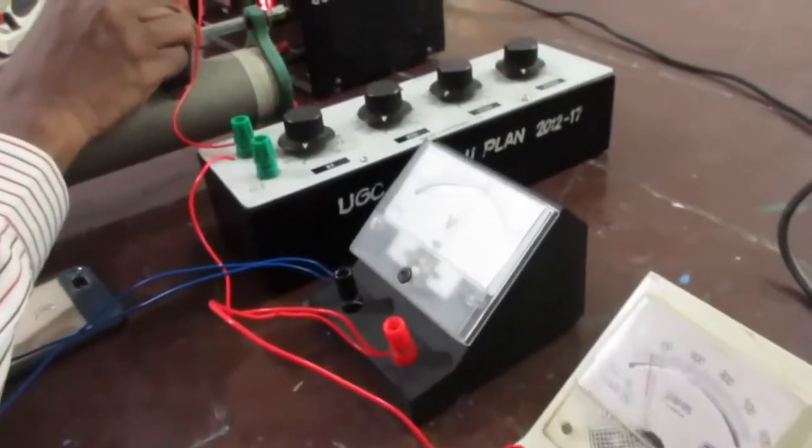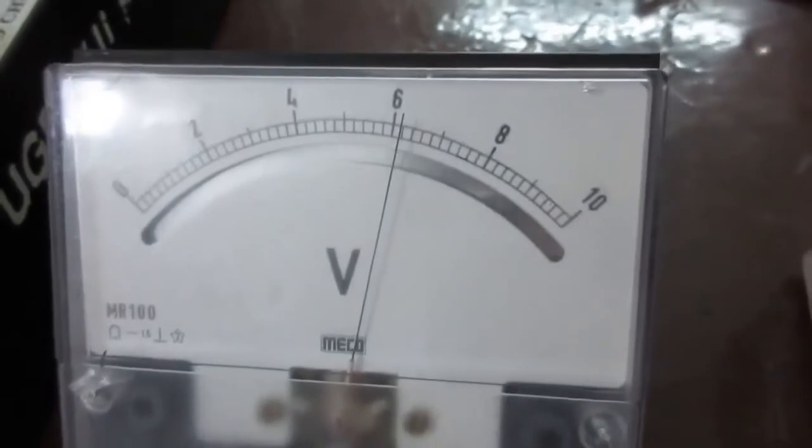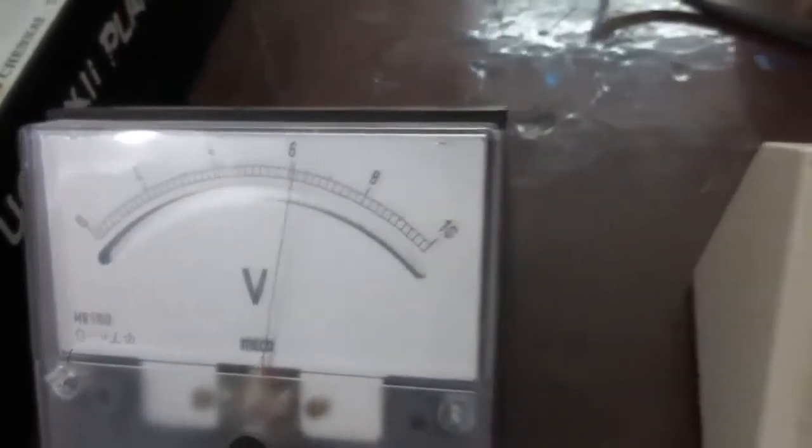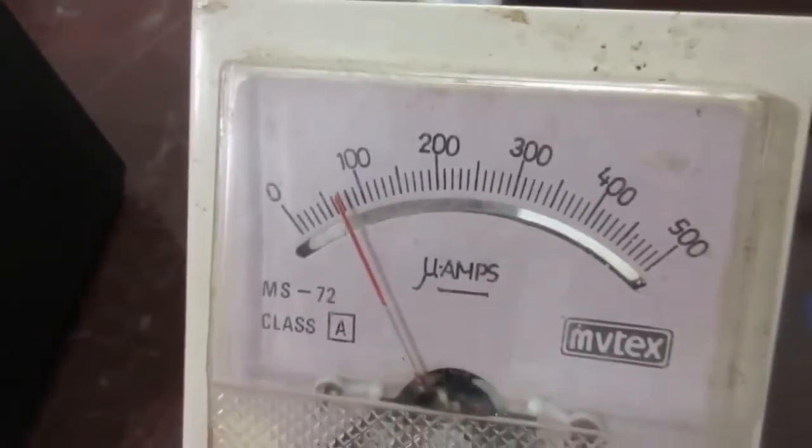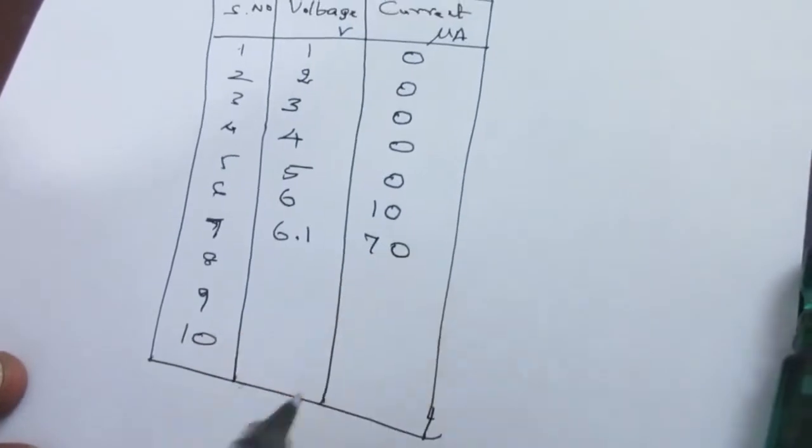Now let us make it 6.1 volt. The applied voltage is 6.1. The current is 70 microamps.